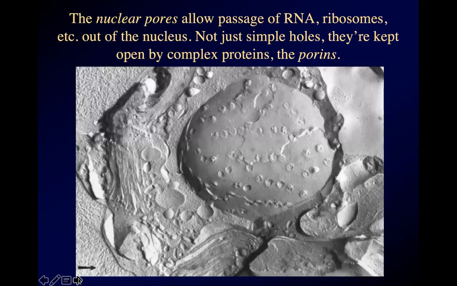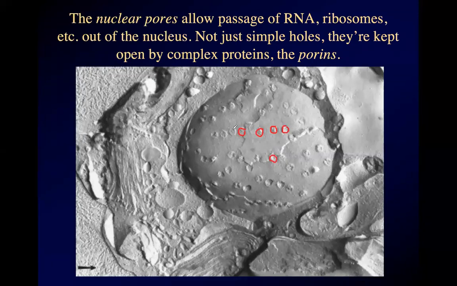Okay, what you're looking at is the outer surface of a cell nucleus. This has been taken with a technique called freeze fracture microscopy, and the nucleus is right there, and frankly it looks like my face when I was about 13. You can see it's got a whole bunch of little dots in it right there.